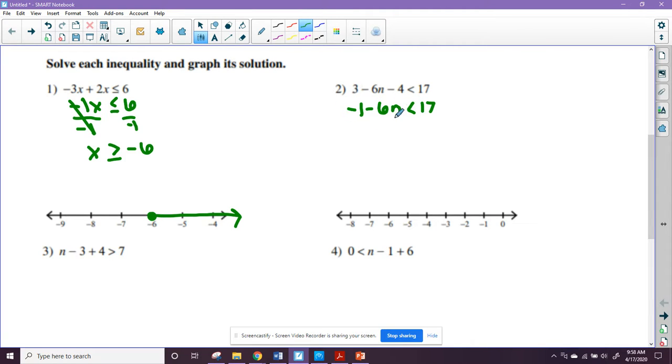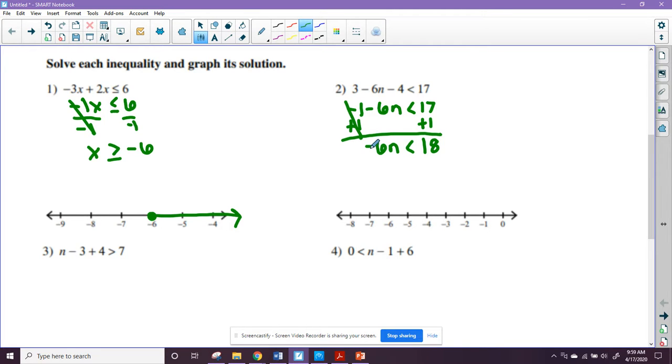Now, do we have a loose number over here that we need to move to the other side to get n by itself? We do. We have a negative 1. So opposite, we're going to add 1 to both sides. Negative 6n is less than 17 plus 1 gives us 18.